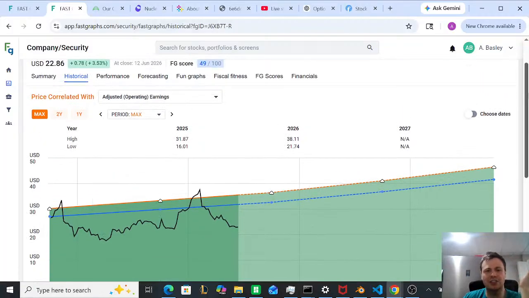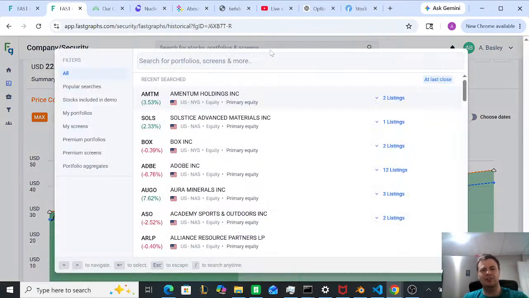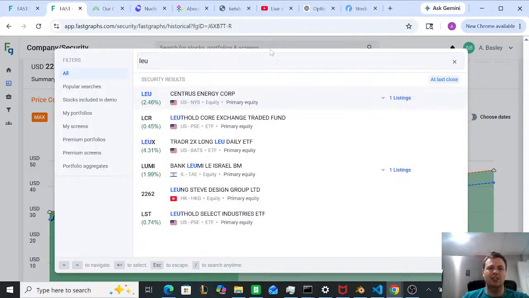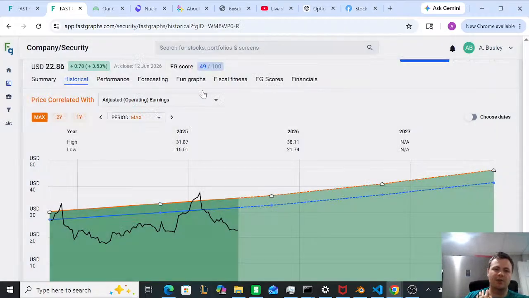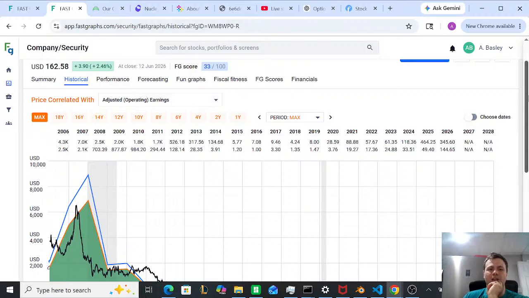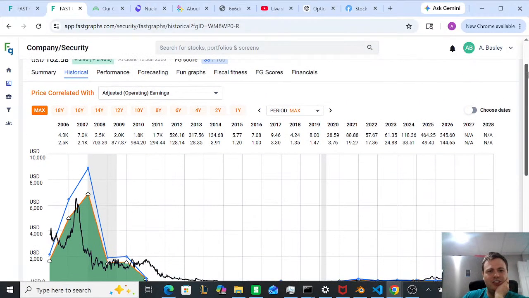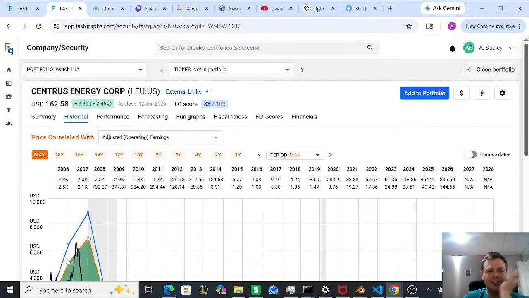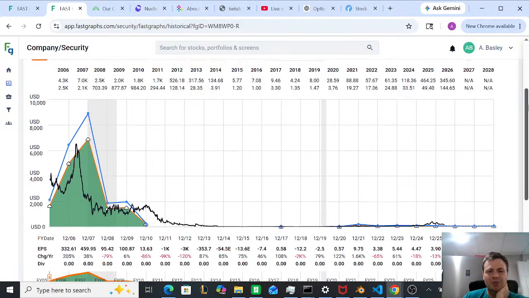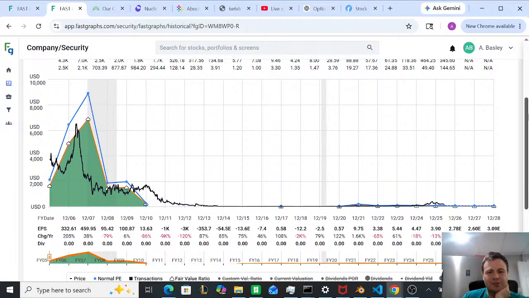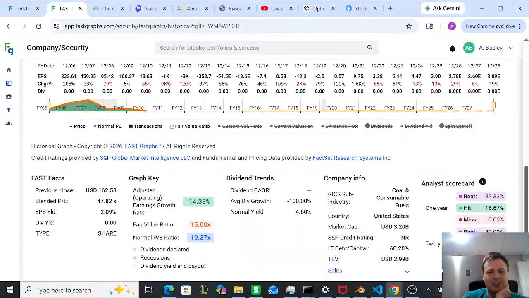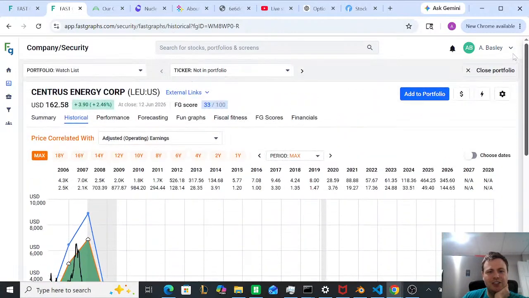I think there was one more that he wanted me to look into. I'll look at it today. This was another one. So as we can see, Centrus Energy, I don't actually own this one, but from this graph, we look like we've been diluted a bunch at this point, if we try to forecast it.